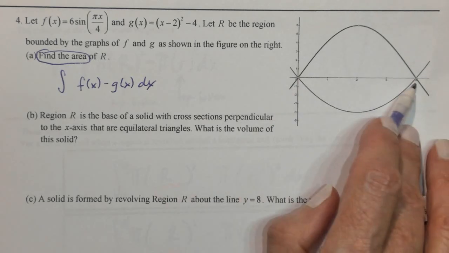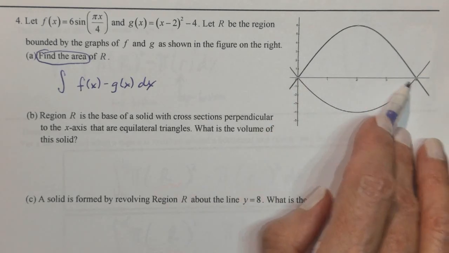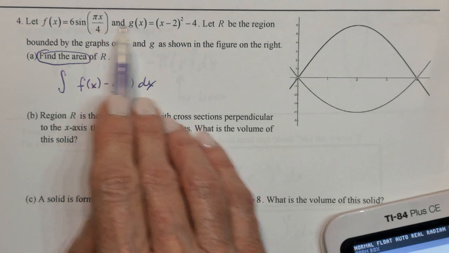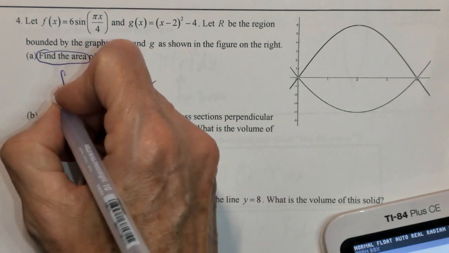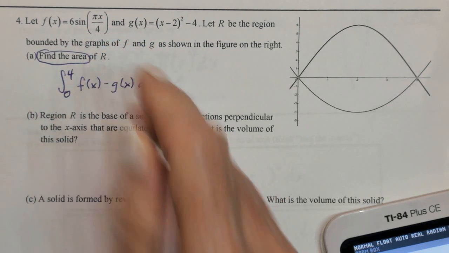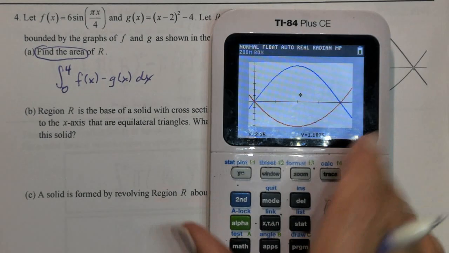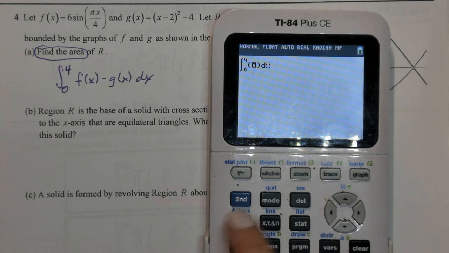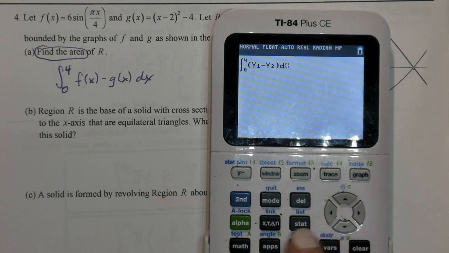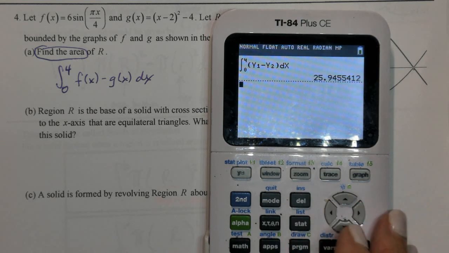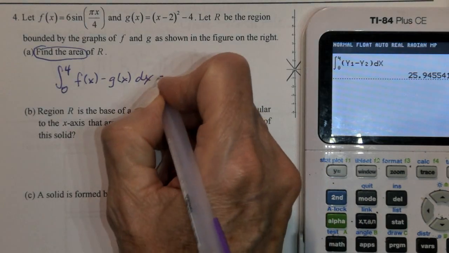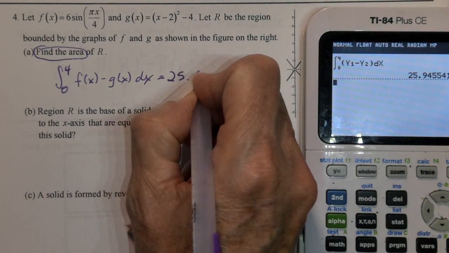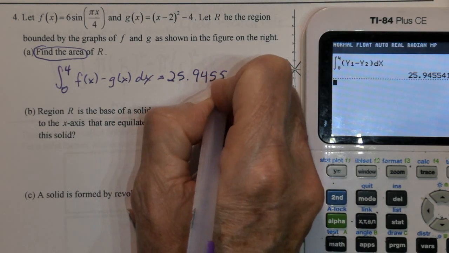You could put 4 in for x and make sure, but I know that's going to be 0 and 4. So we'll have Math 9, 0 to 4, y1 minus y2. 25.945.